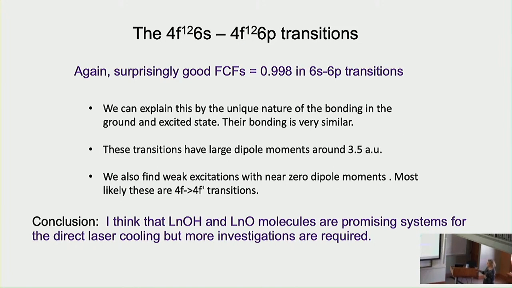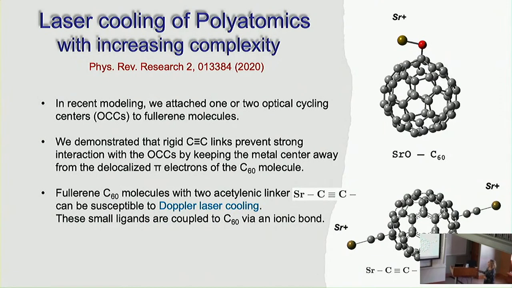But again, we can see in this kind of transition, the Franck-Condon factor is very high. Again, because of the very similar shape of the states, when cycling happens, the wave functions are pretty similar, and that's what happened. 5 minutes, okay.